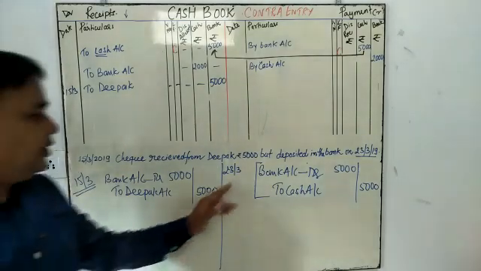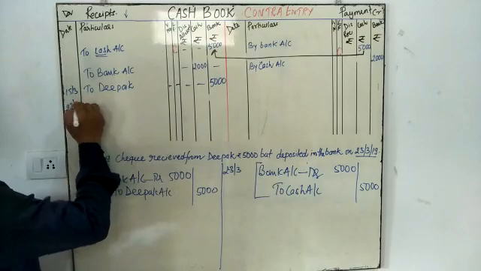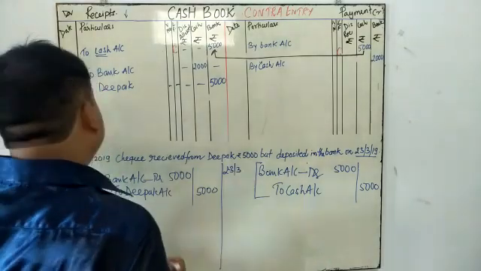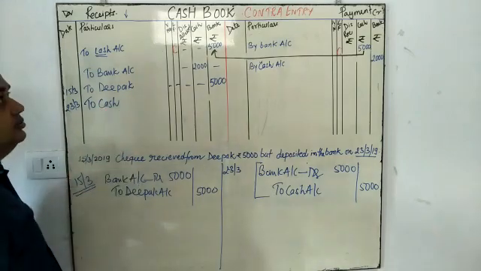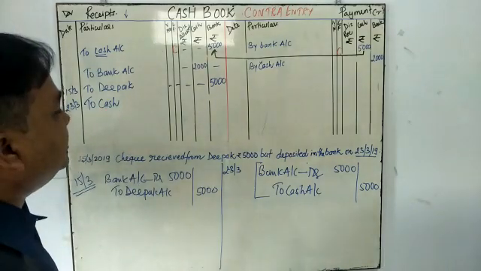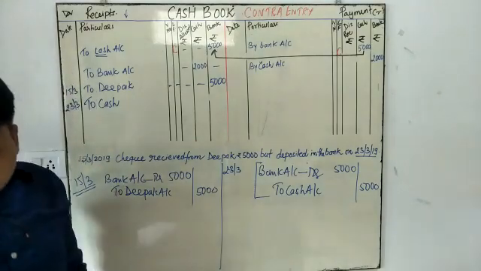Now on 23rd March, you will write to cash. This is the reason. To cash. And in which side will you write?